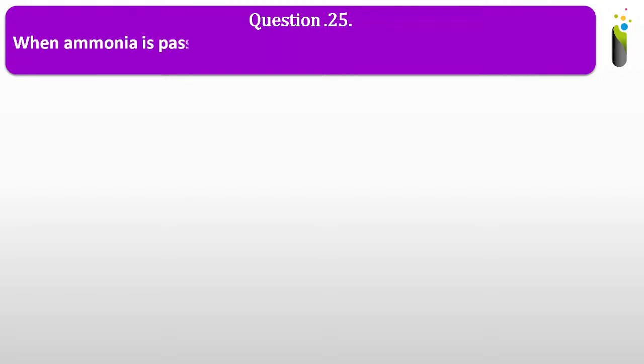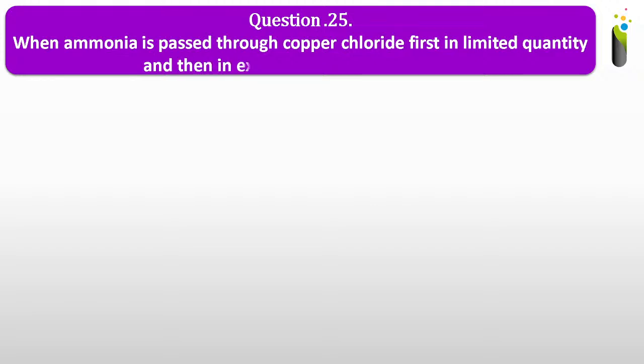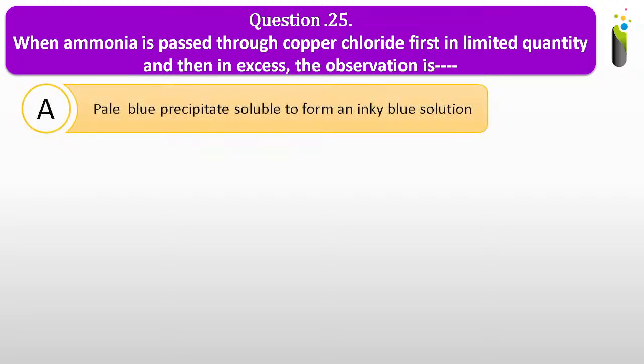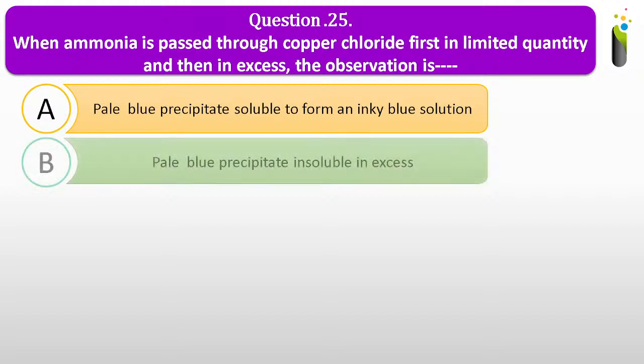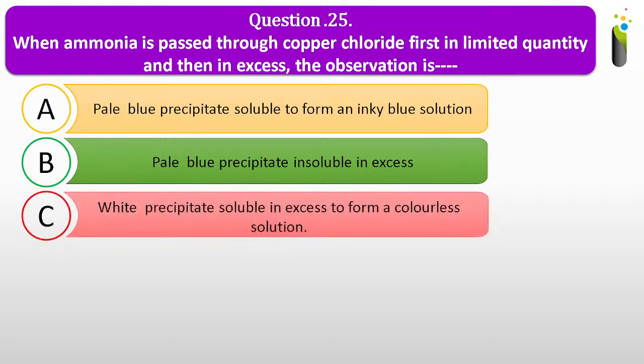Question number 25. When ammonia is passed through copper chloride first in limited quantity and then in excess, the observation is dash. A. Pale blue precipitate soluble to form an inky blue solution. B. Pale blue precipitate insoluble in excess. C. White precipitate soluble in excess to form a colorless solution.